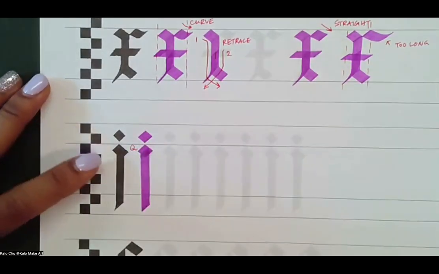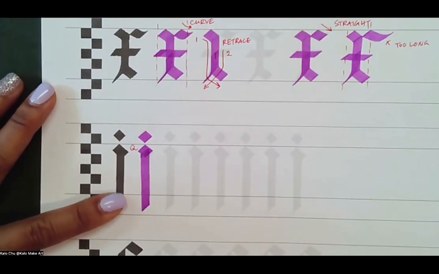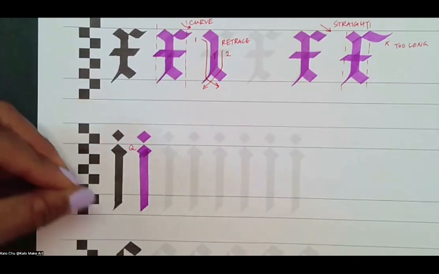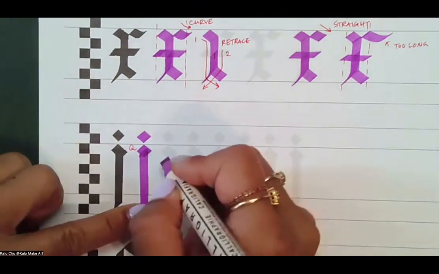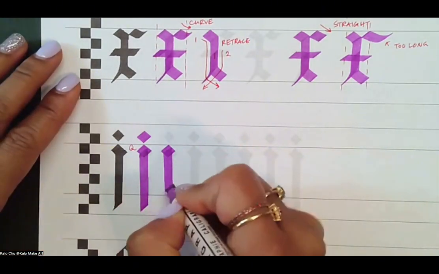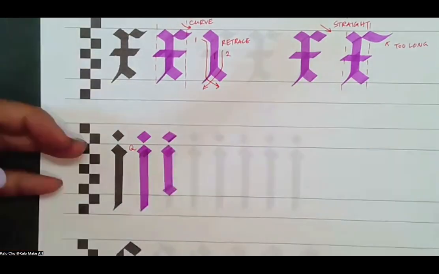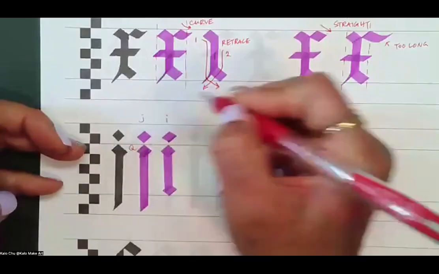Now, on its own, you can say, oh, this doesn't really look like a J, but when it's written together with all others, when an I is placed next to it, the I has to be shorter, right? Because the I will be like that. So you can tell that this is a J and this is an I.